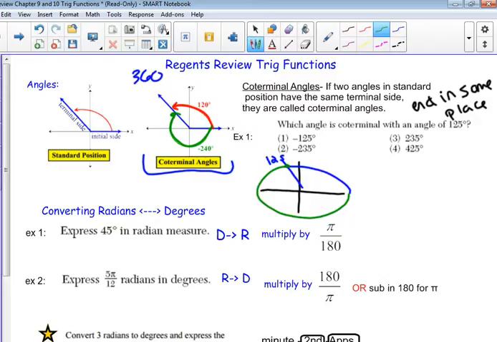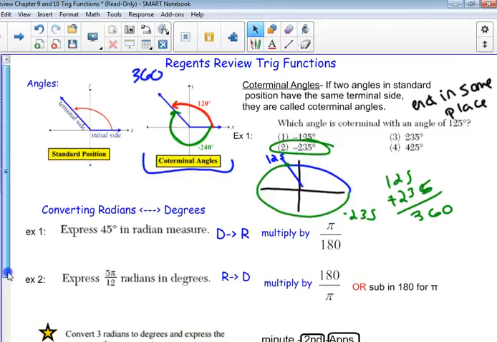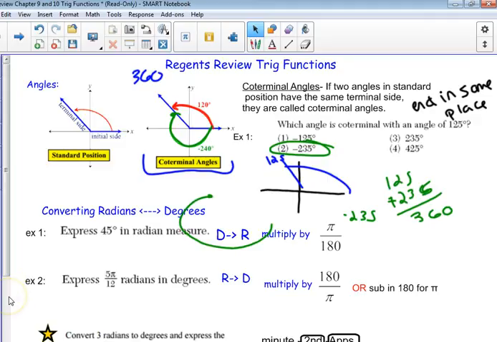Negative 235? Yeah, that's good. Good job. So it's down, negative, and if you took 125 plus 235, you would get 360. Perfect. Again, that's not a huge topic. You might get a question here or there.